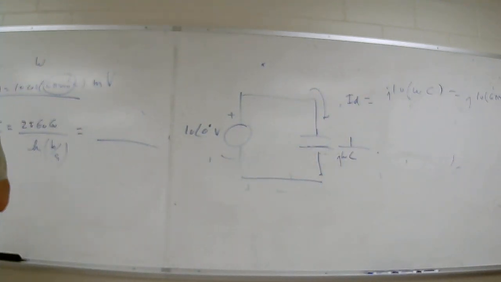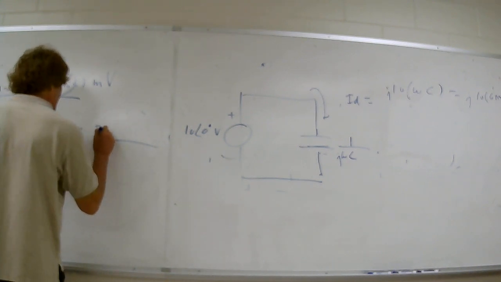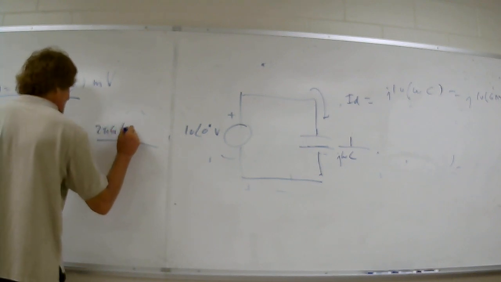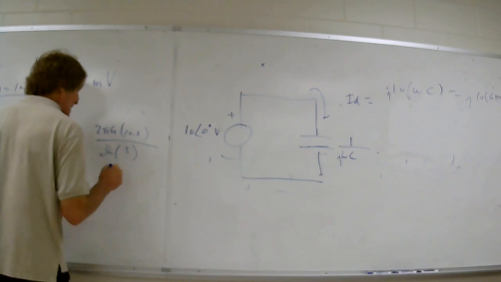Now remember, the ratio of radii is the same, so 6 over 2 gives the natural log of 3. So C is 2 pi epsilon naught epsilon relative, which is 10.2, over the natural log of 3.